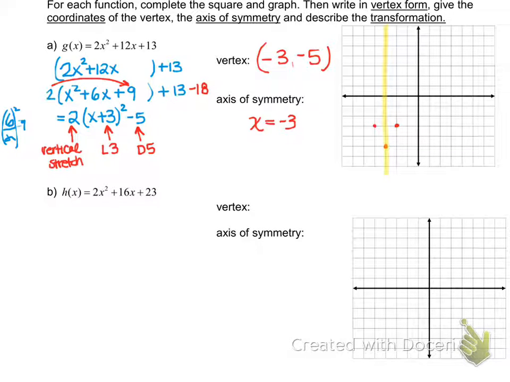And then I have the point (-1, 3). And then again, because there's symmetry, I have the point (-5, 3). So here it is. I went down, left, and I stretched it so it's a little skinnier.